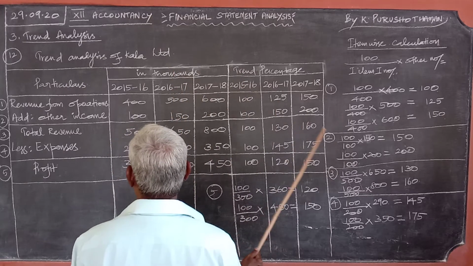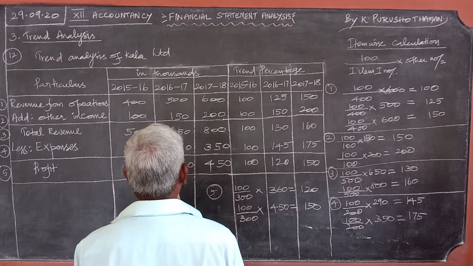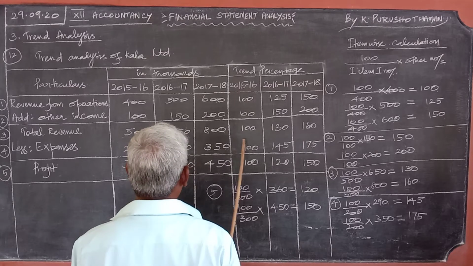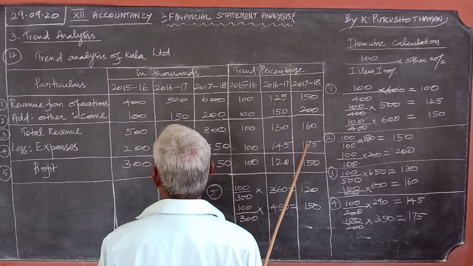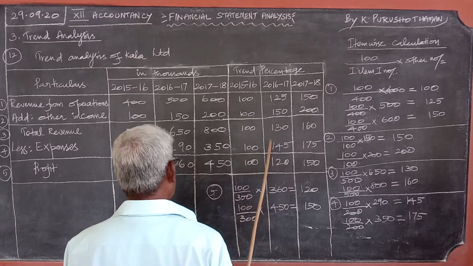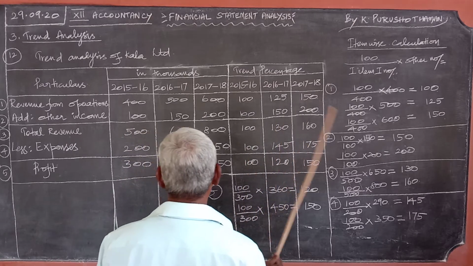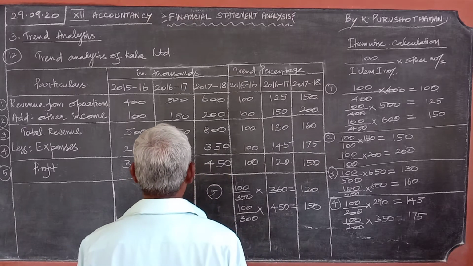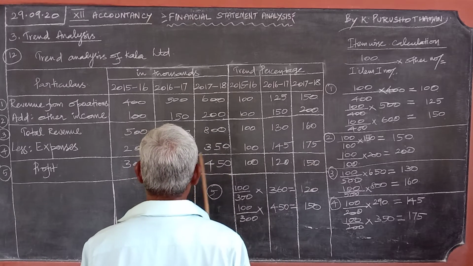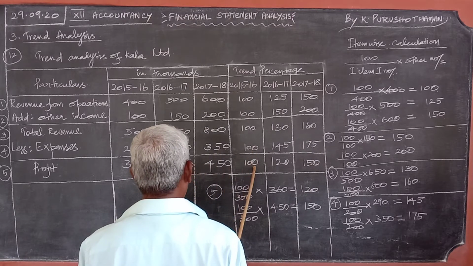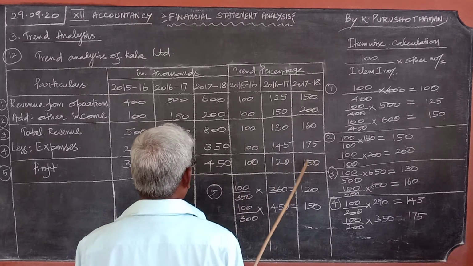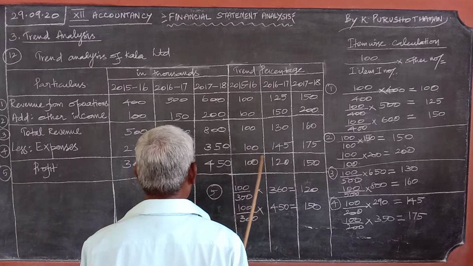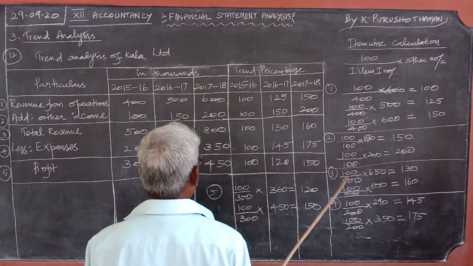Every year it has increased. Regarding expenses, first year 100%, second year 145%, third year 175%. Therefore the expenses are also increasing every year. And what about profit? First year 300, second year 360, then 450. Therefore first year 100%, second year 120%, third year 150%. The profit is also in an increasing trend.